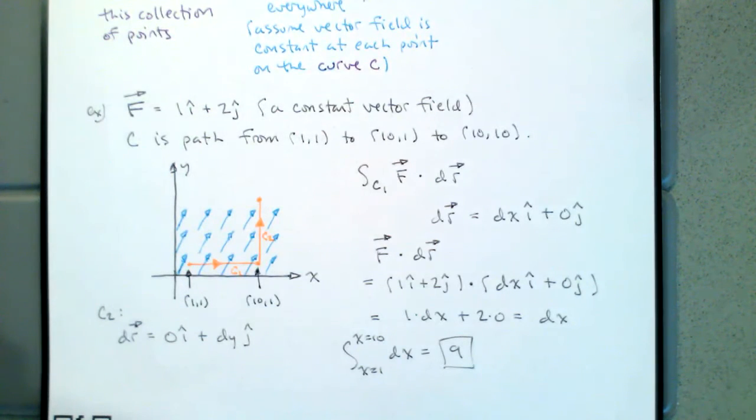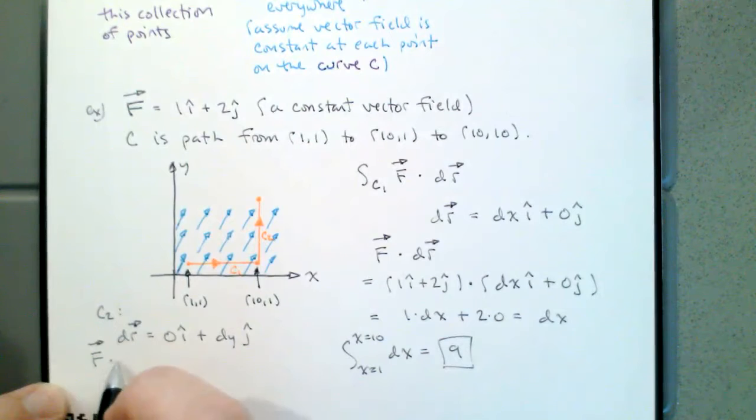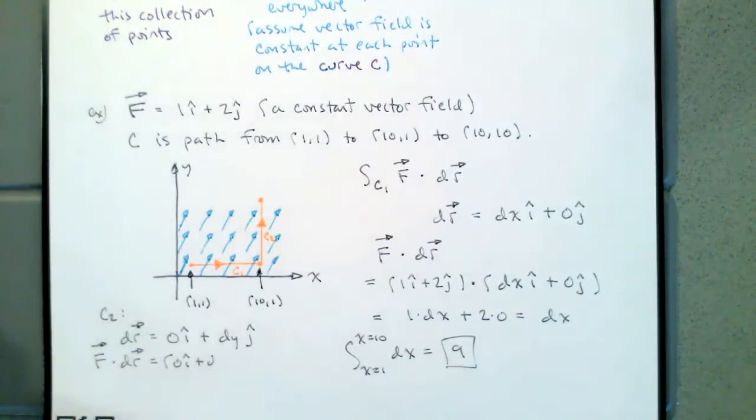It's all going to be j direction. So whatever the change in y is, that's the change in r. When we calculate f dot dr here, we'll have 0i plus, oops, that's not dr. That's dr, not f.